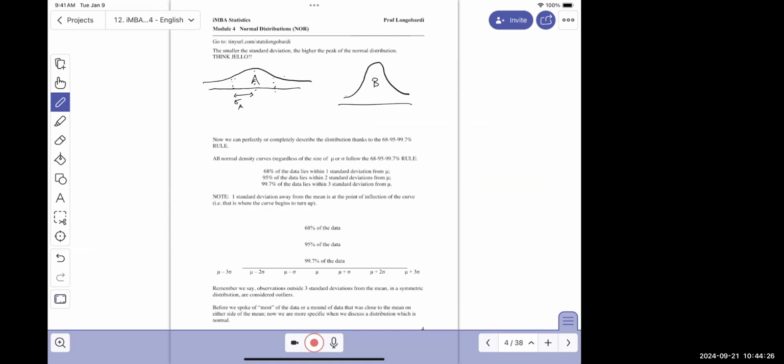A more peaked one has a smaller standard deviation. And that's because this area, if it's more narrow, this area has to fit in there, like Jello, a different Jello mold. I have the same amount of Jello, but it still has to fit in there. So that makes it more narrow.